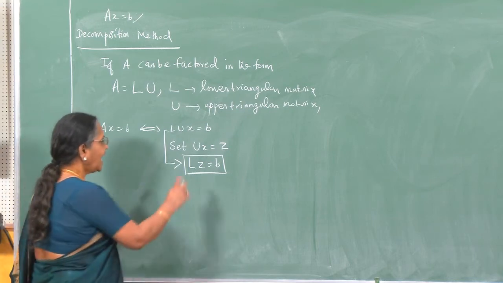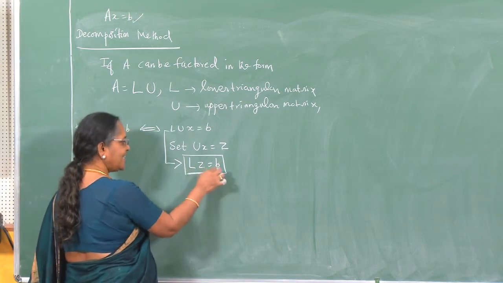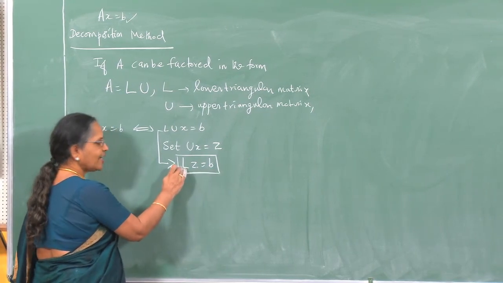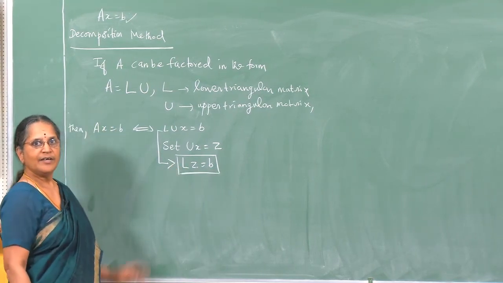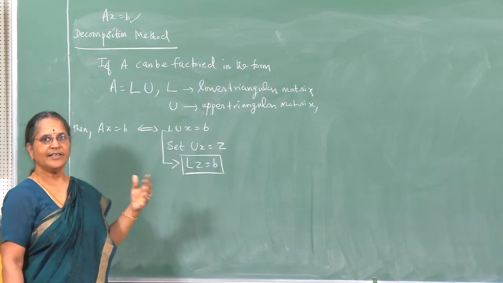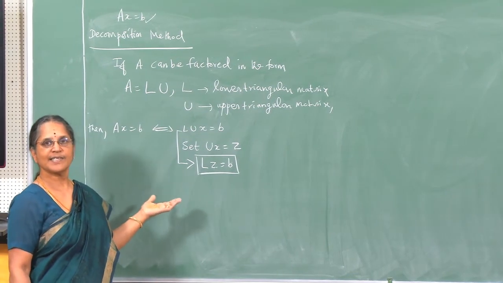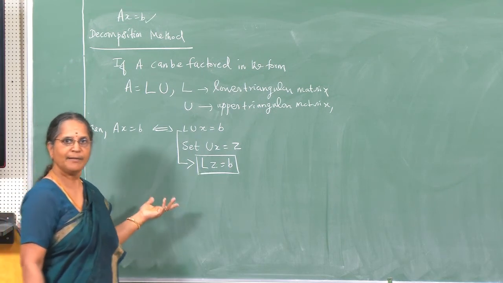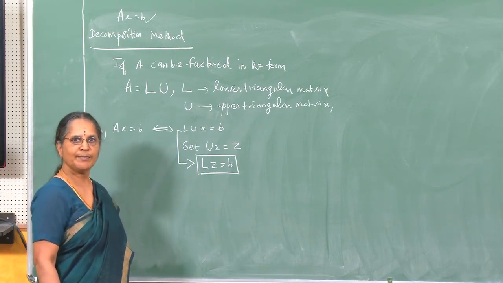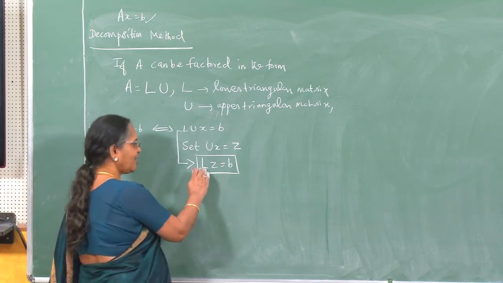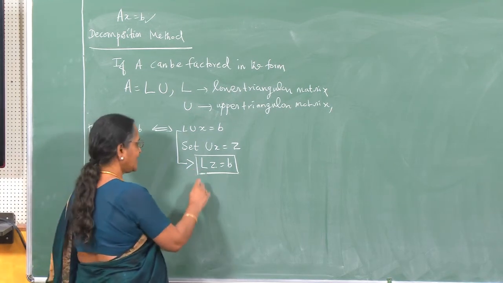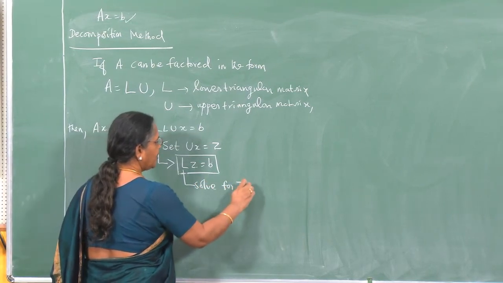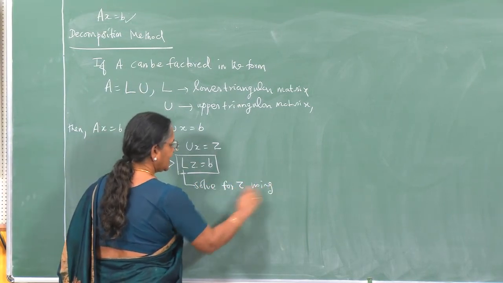And so, we now have a system Lz = B with coefficient matrix as a lower triangular matrix. We have already discussed this. In that case, the system's solution can be immediately written down by what method? By forward substitution method, because it is a lower triangular coefficient matrix. So, solve for Z using forward substitution.